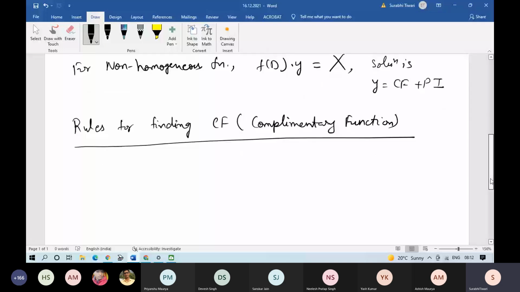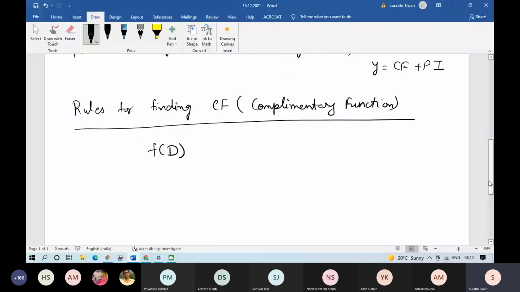For the complementary function we put f(D) into y equal to 0. Now put D equal to m here. So our equation will become f(m) into y is equal to 0, and solve this equation to find the roots of m.